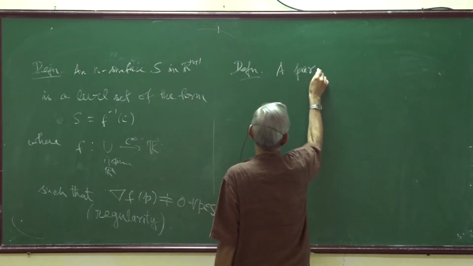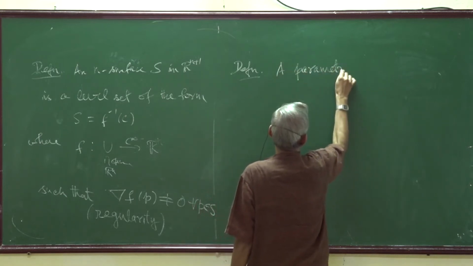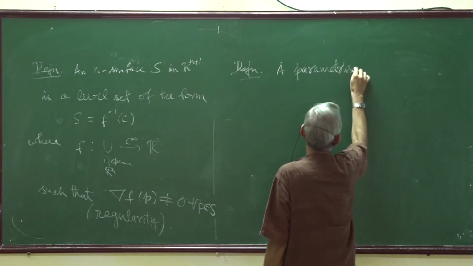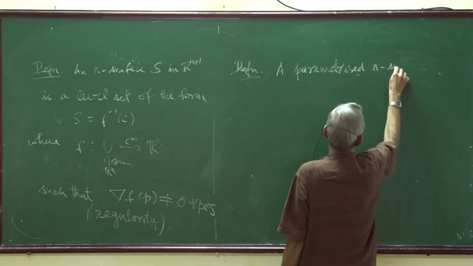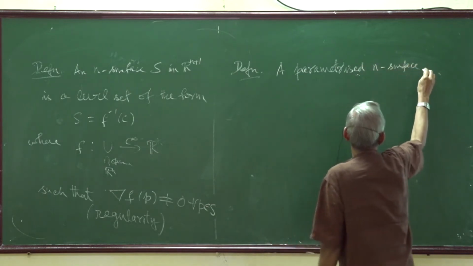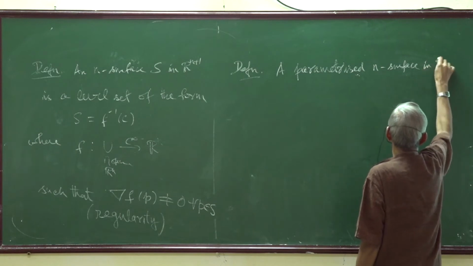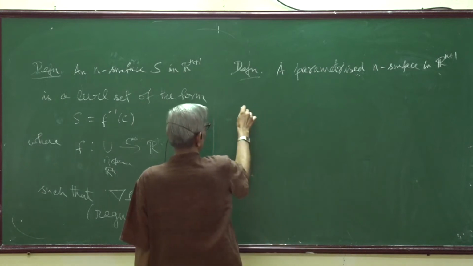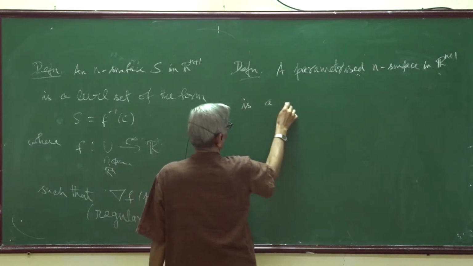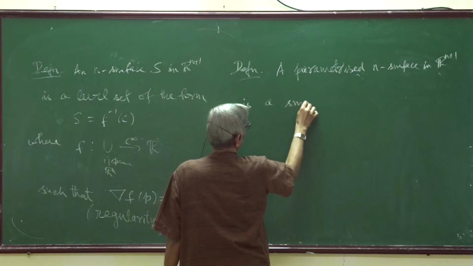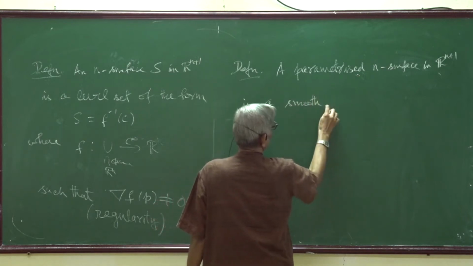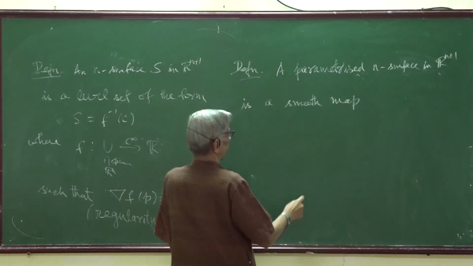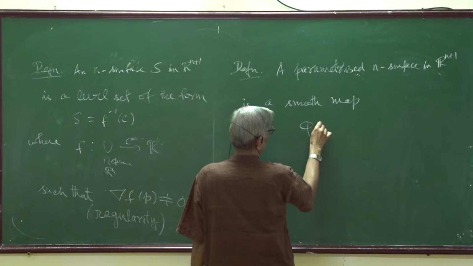The parametrized n surface in Rn plus 1 is a smooth map, let's say phi.